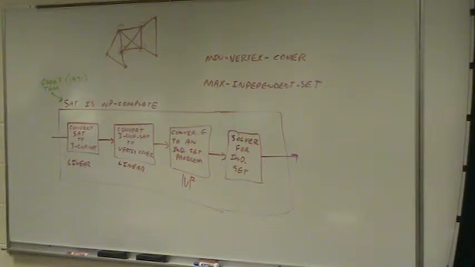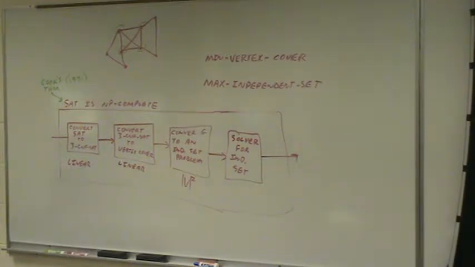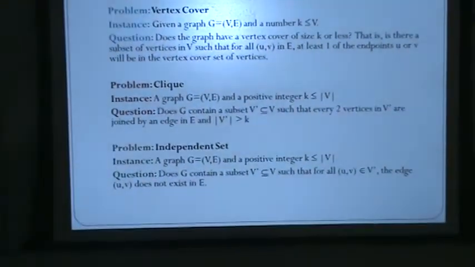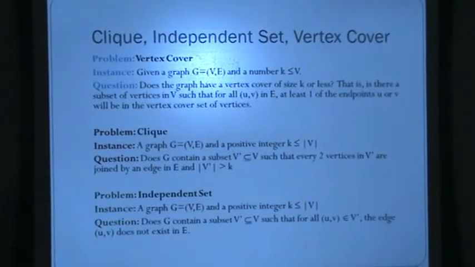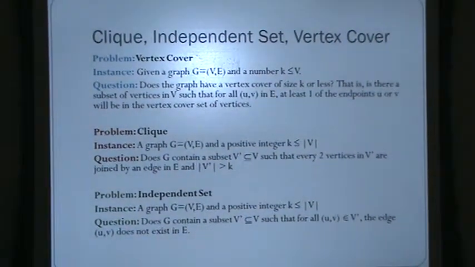So we have 3 graph problems that are somewhat similar to each other. One is the one we talked about earlier, the vertex cover. And now we have these two other ones. So let's see, we have the original vertex cover problem.